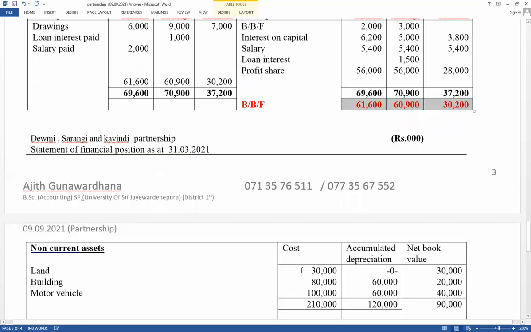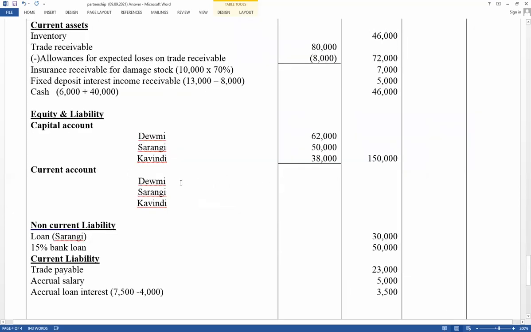Take those values as a balance: 61,600, 60,900. Current account balance 61,000.